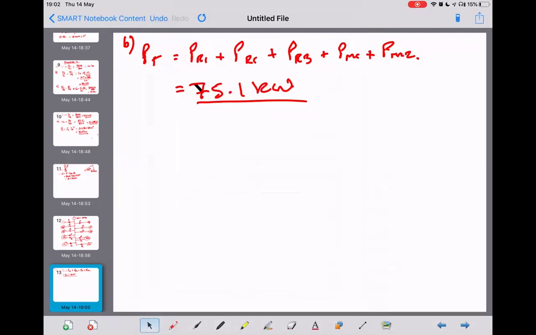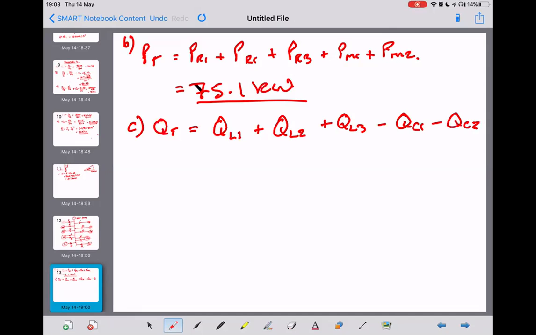Right. Okay with that, everyone? And then total Q. Going by the new notation, I've done PL1, QL1, QL2, QL3, minus QC1, minus QC2.